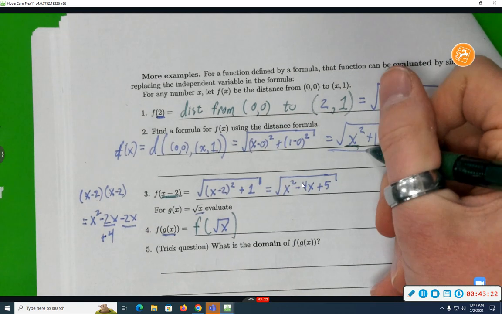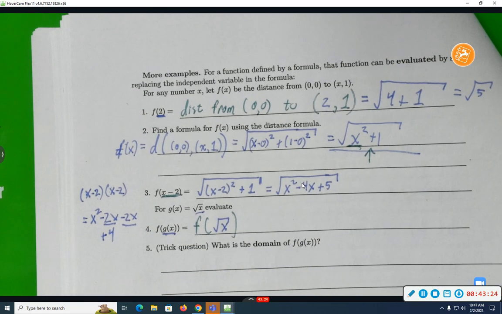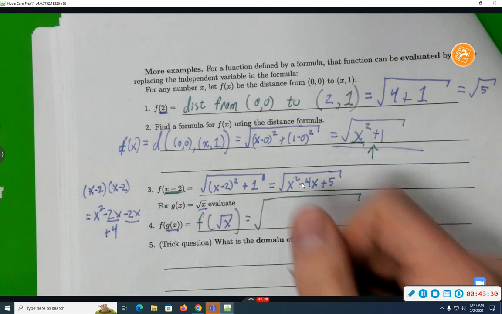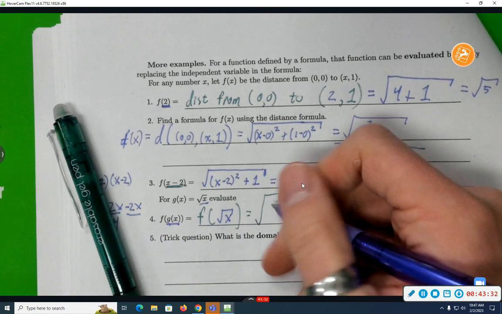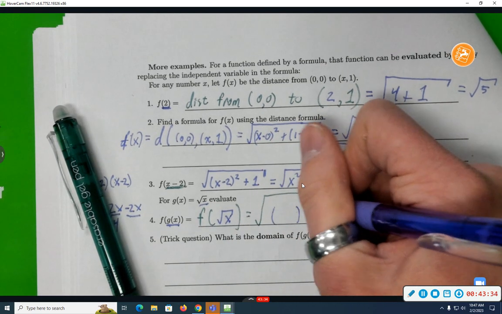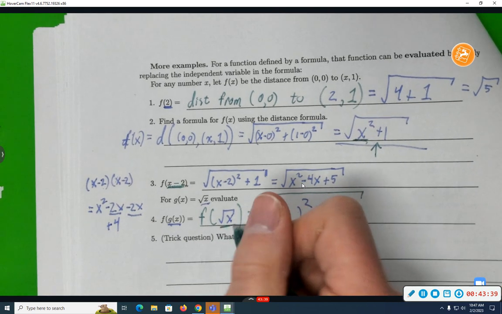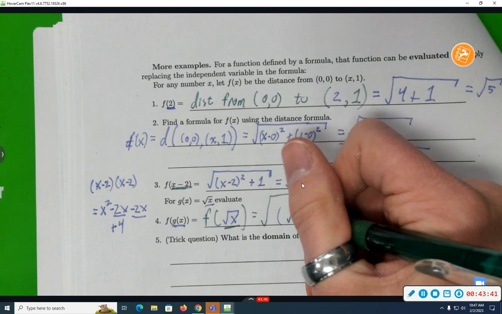And let's take this formula and replace the x with the square root of x. So this will be a big square root thing squared plus 1. And the thing that goes in those parentheses is square root x.